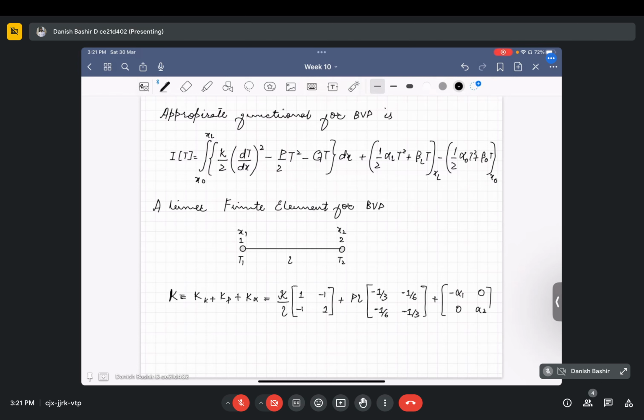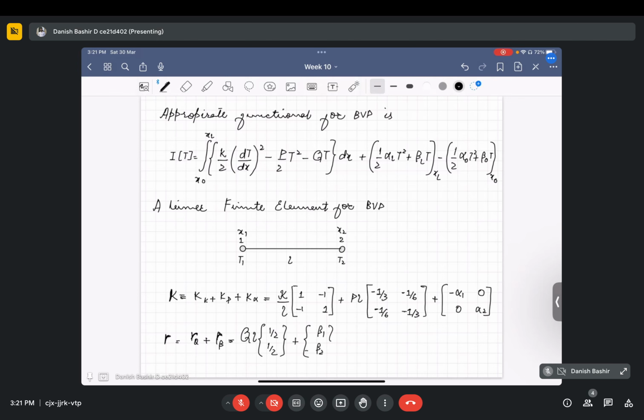And its R matrix, R, is given as R Q plus R beta, and its value is given as Q of x, that is Q times [1/2; 1/2], plus [beta 1; -beta 2].